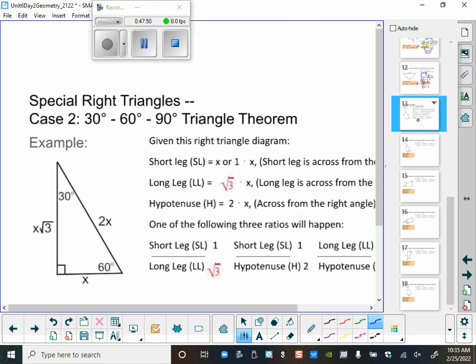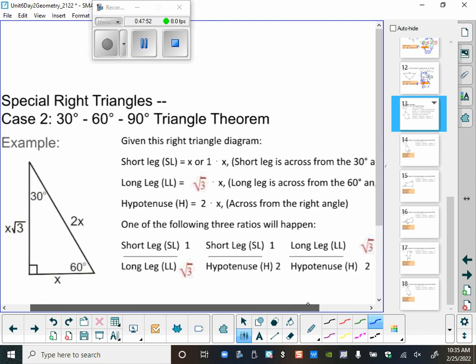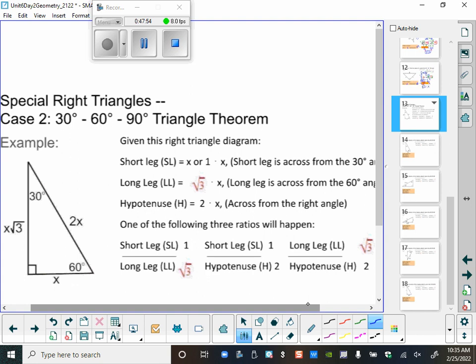Basically, 30, 60, 90. Well, I should say we'll have 1 or 2 of the following ratios. It all depends on the type of problem. It's going to be one of these 3, I guess.